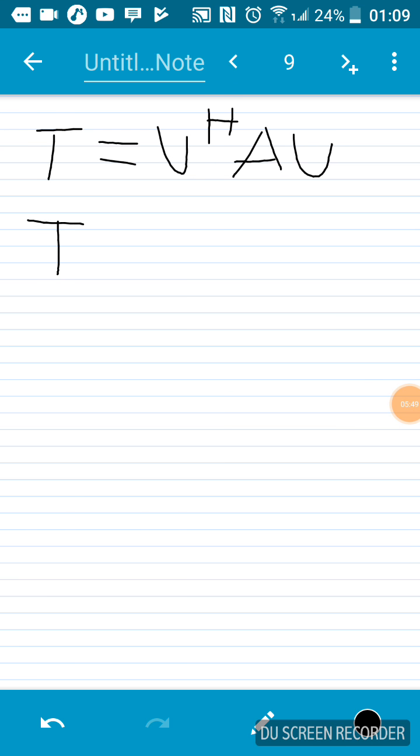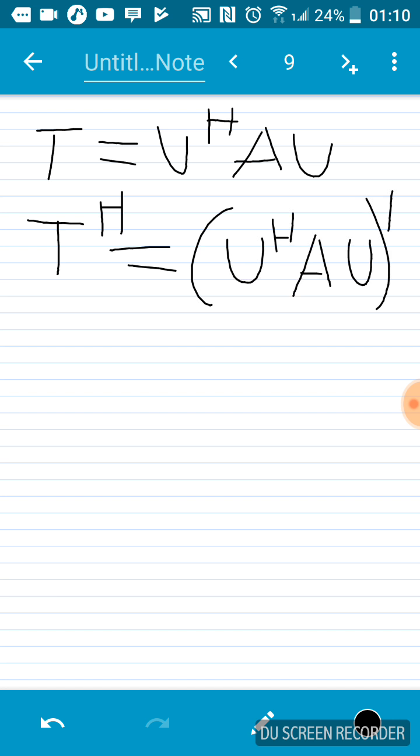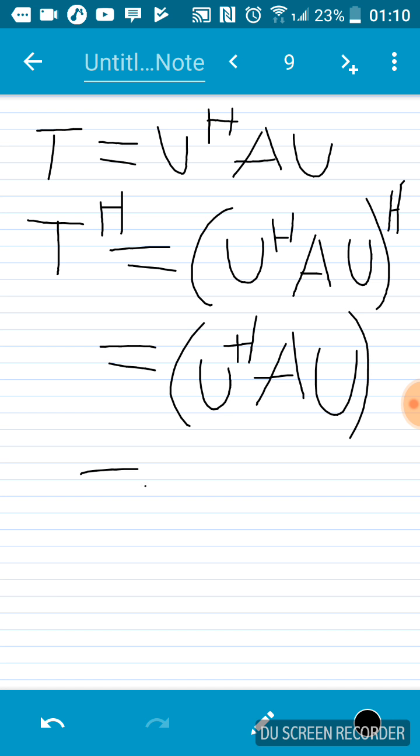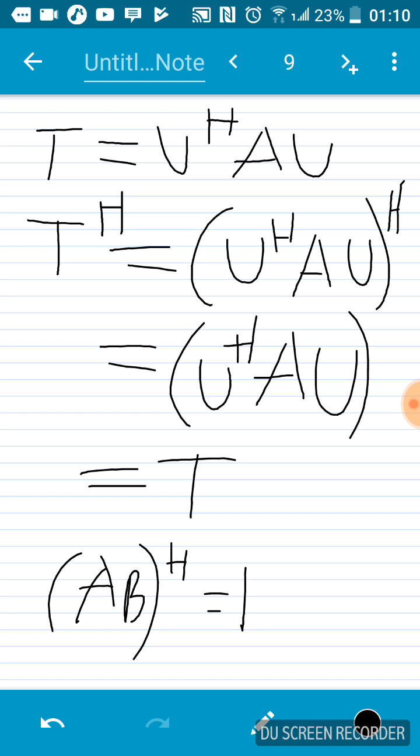We want to show that T is Hermitian, so we let T equal U^H A U, and taking the conjugate transpose gives the same matrix, because of the property that (AB)^H is equal to B^H A^H.